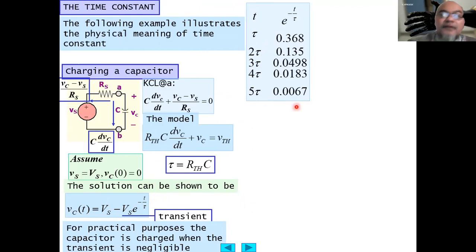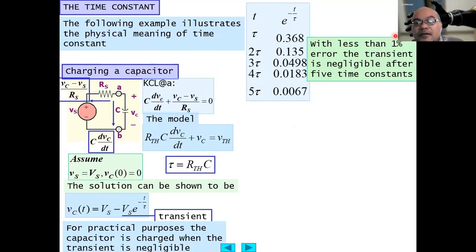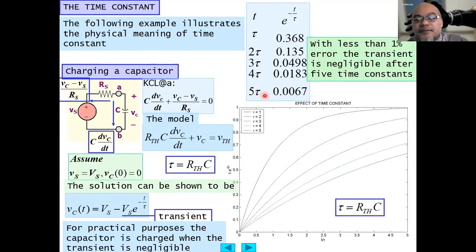When t equals tau, the value of e to the minus t over tau is 0.368. At 2 tau, 0.368 squared is this one. And at 4 tau, it is less than 2% of the initial value. Less than 1% error, the transient is negligible after 5 time constants.